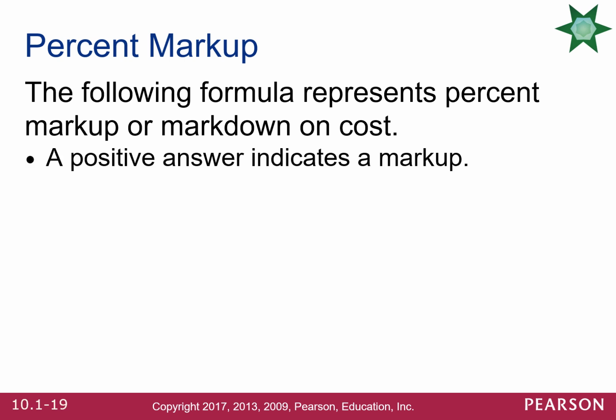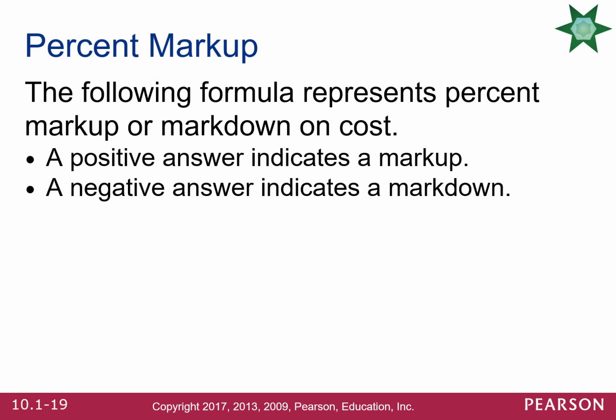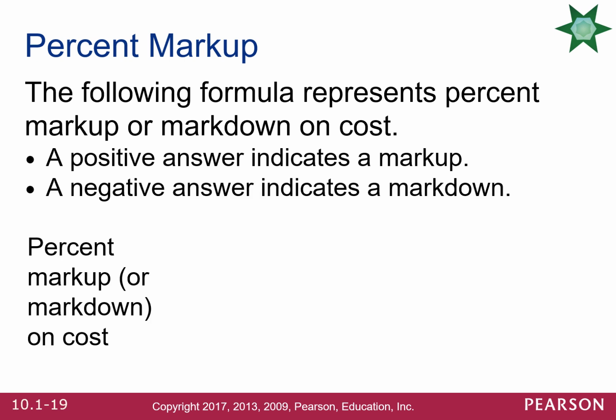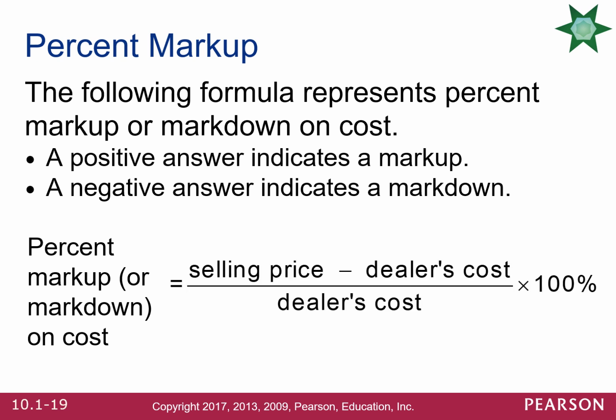Now, when the answer is positive, it indicates a markup. That means you made a profit. All right. In a markup, you make a profit. The answer is positive. A negative answer indicates a markdown. So percent markup or markdown on cost is calculated using this formula. Selling price minus the dealer's cost.